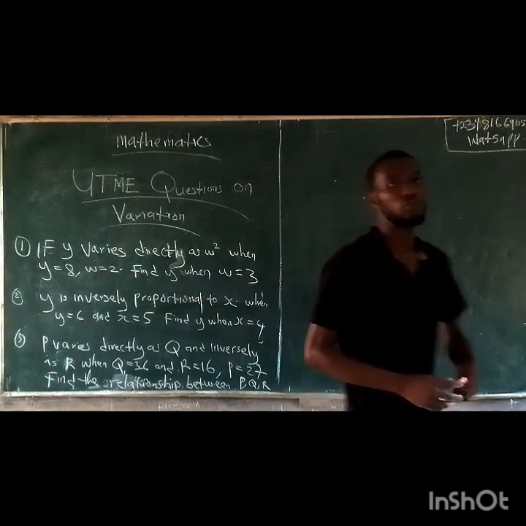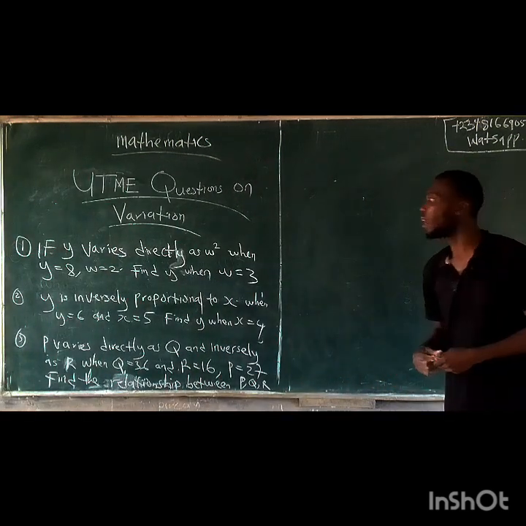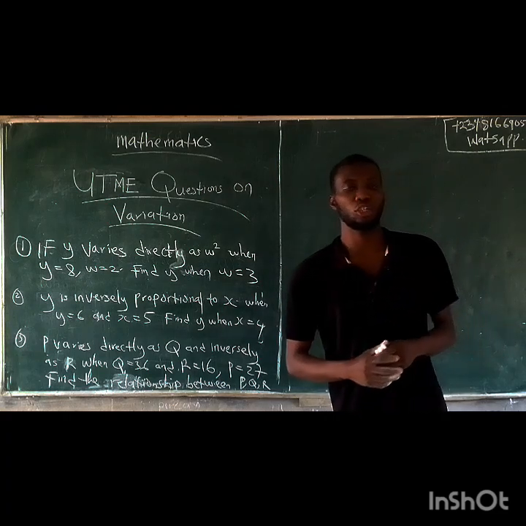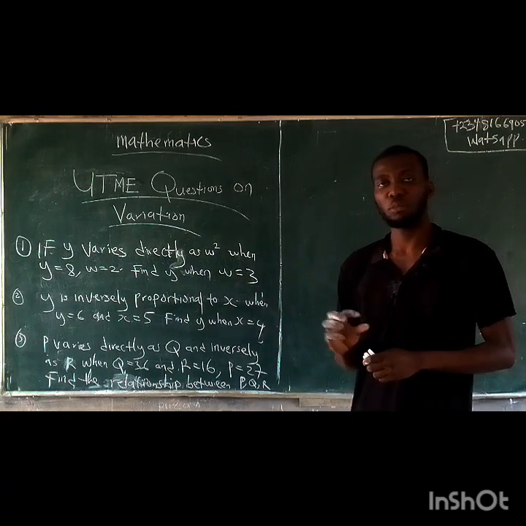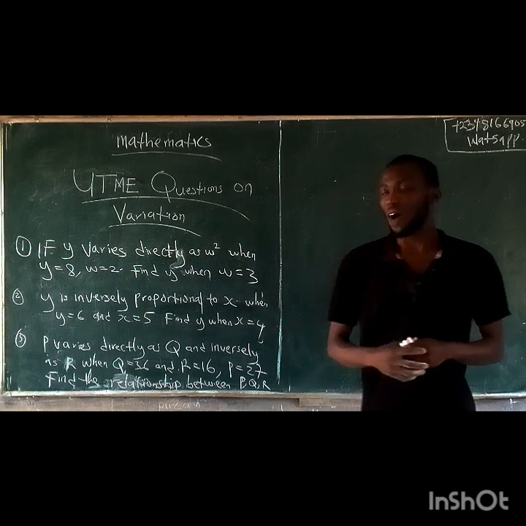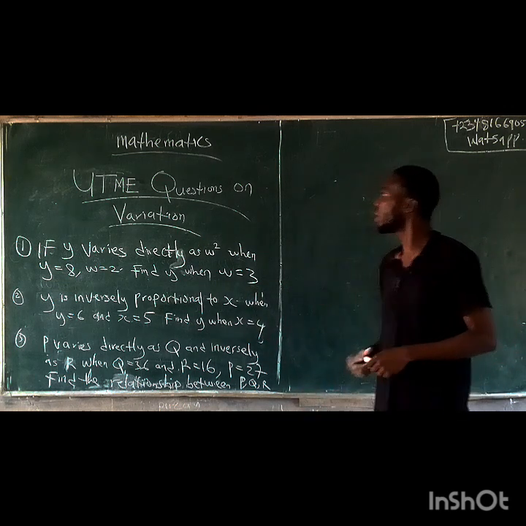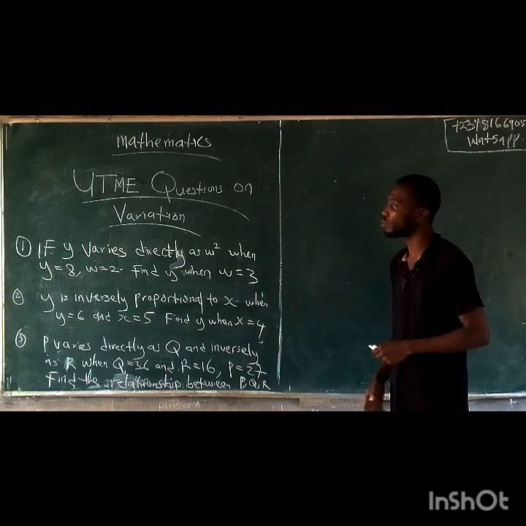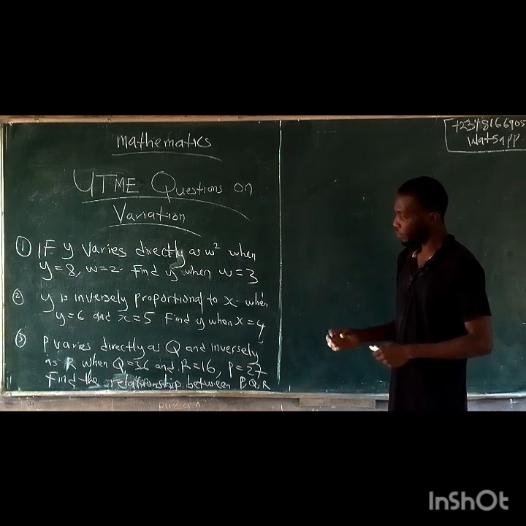Alright, good afternoon. In our previous class, I explained the application and the approach, the mathematical expression to deal with variation. So now we're going to look at the UTME questions on variation.